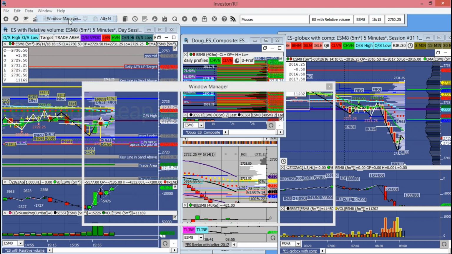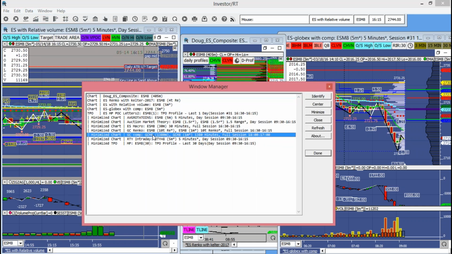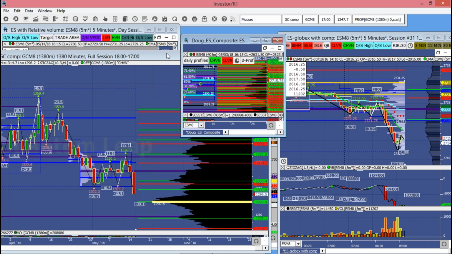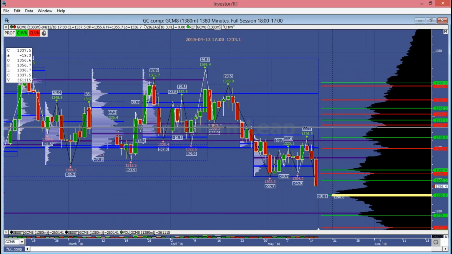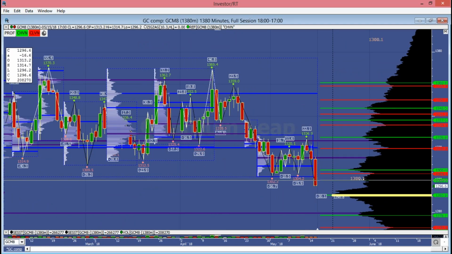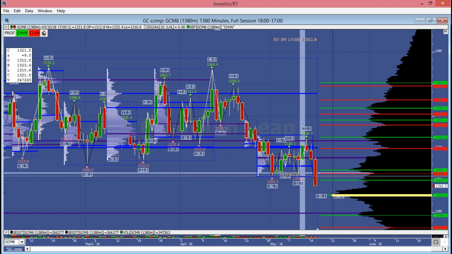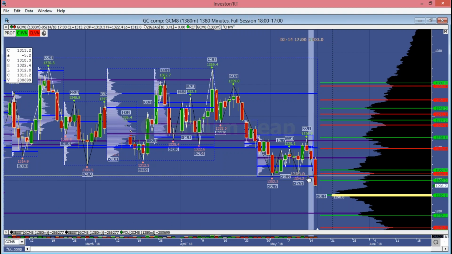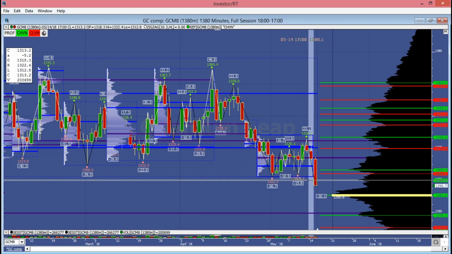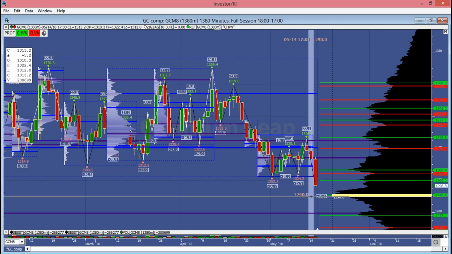Gold, well, we said that if gold didn't hold the 19 yesterday, that we are likely to come down and test the 1300. And I said that this 1304 is not likely to hold. The next test down to 1300 was not likely to hold, and the target now is down here at the composite VPOC at 1290.80.